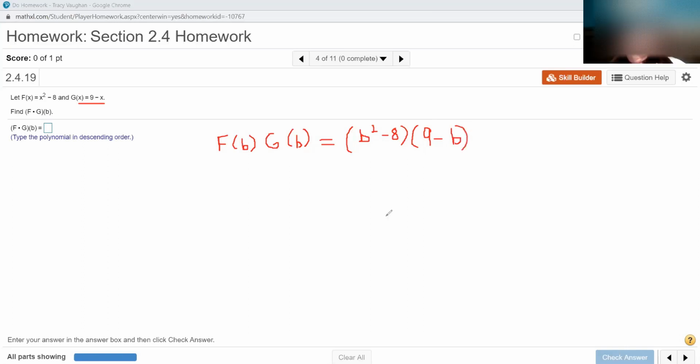Now, if we wanted to multiply that out, you'll notice over here they ask you to type the polynomial in descending order. So they do want this multiplied out and put in descending powers of your input. So I'm going to go ahead and FOIL this out. I'll have b squared times 9, which is 9b squared.